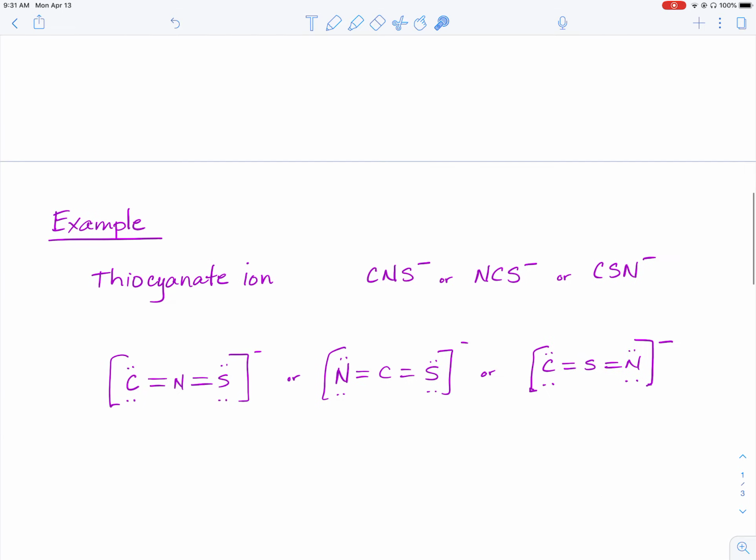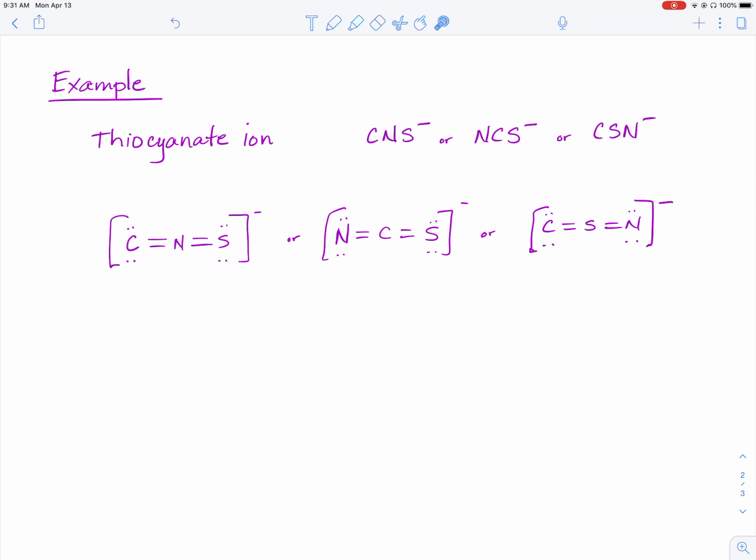So let's practice using formal charge for a substance. And the substance we're going to do this of is thiocyanate ion. This thiocyanate ion has 1 carbon, 1 nitrogen, and 1 sulfur, and has an overall charge of -1.